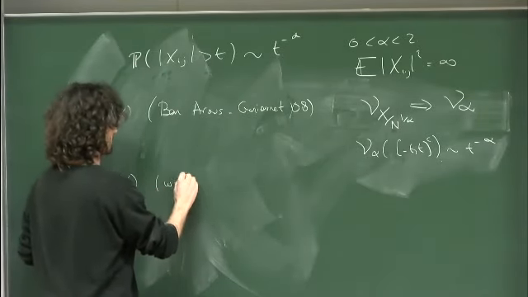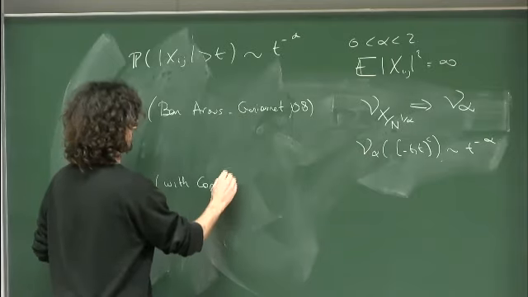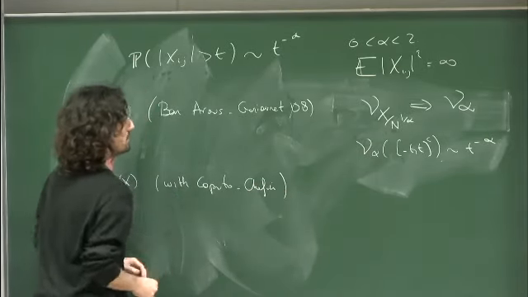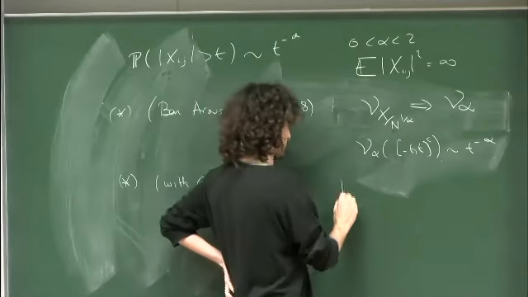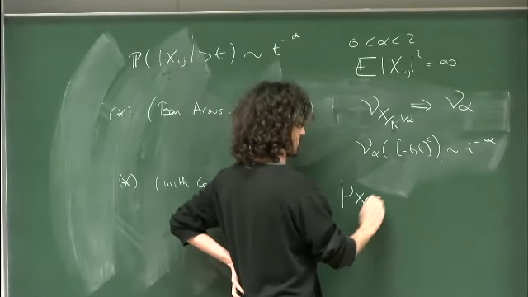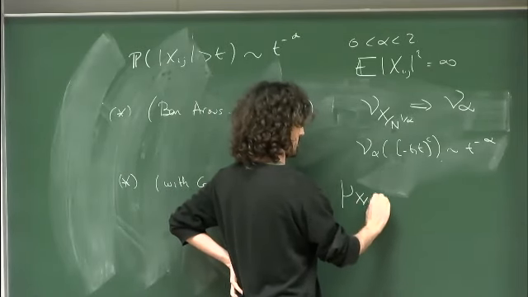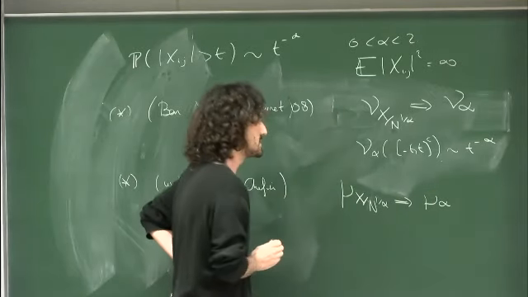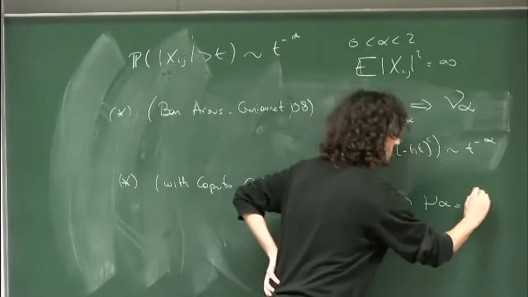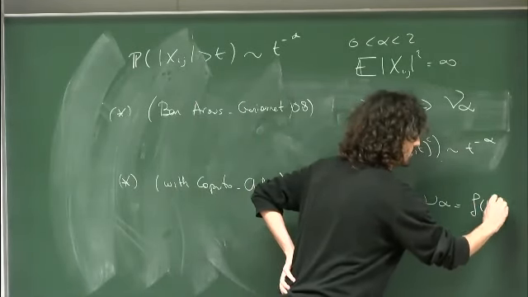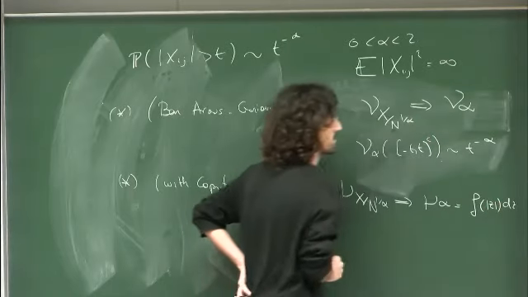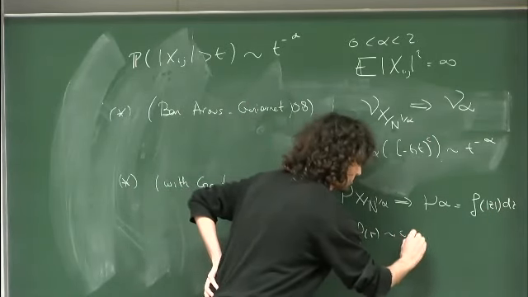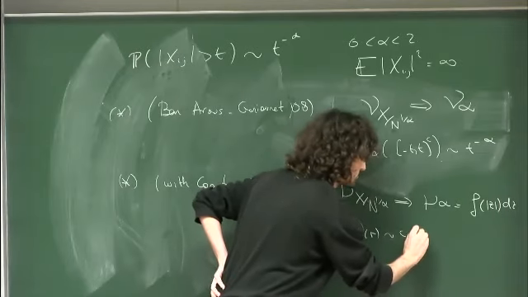Last year with Caputo and Chafaï, we proved also that the spectral measure was converging to a limit measure, but this time it was radial, and the density, at a very strange scaling, was equivalent to c to the power 2.